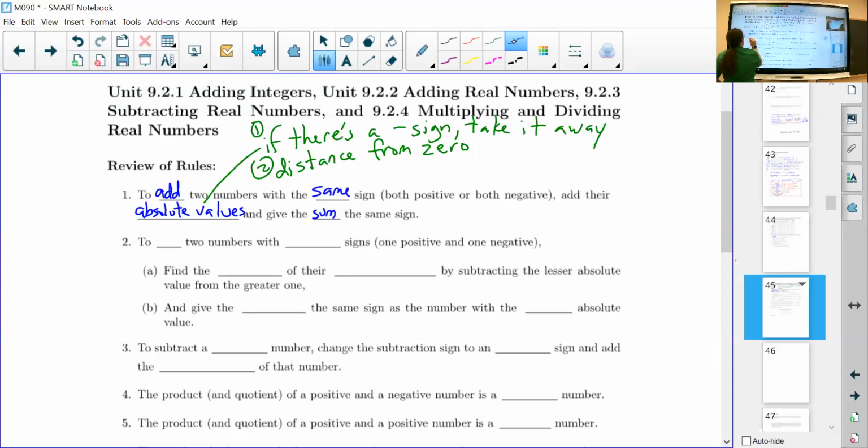Okay, to add two numbers with opposite signs, we're first going to find the difference of their absolute values. So there are those absolute values again.